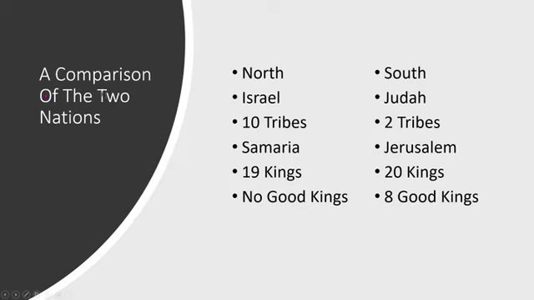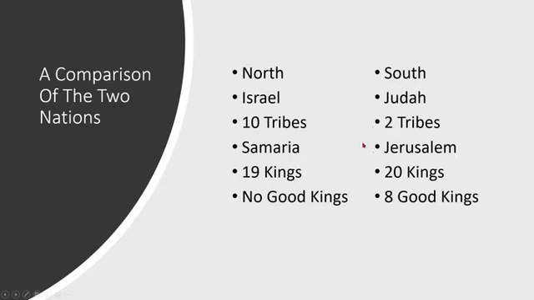We had the comparison of the two nations. After Solomon's death, we had 39 kings of the divided kingdom. The divided kingdom was divided between the north and the south. Israel was the name of the north, Judah was the name of the south. We had 10 tribes in the north, we have 2 tribes in the south. We had Samaria as the capital in the north, Jerusalem as the capital in the south.